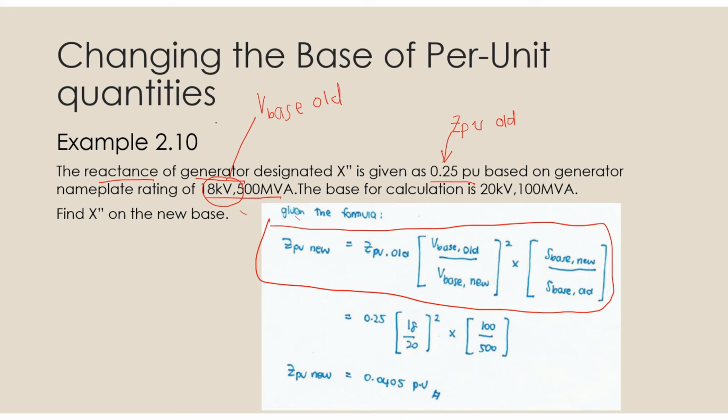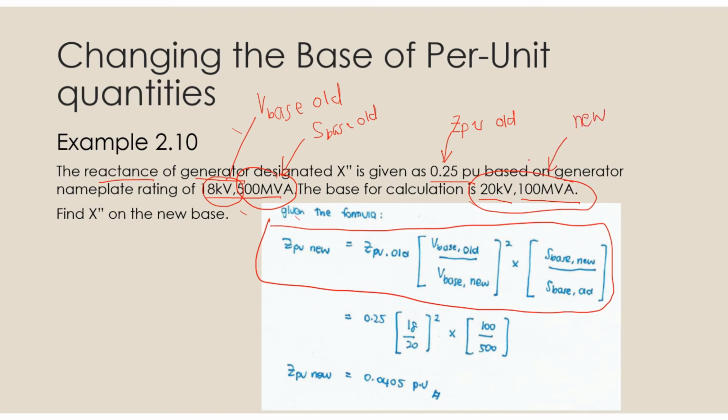Next, 500 mega, which of course is your S base old. This is the original value of the generator before you want to increase the voltage and decrease the S, so this is your new value.